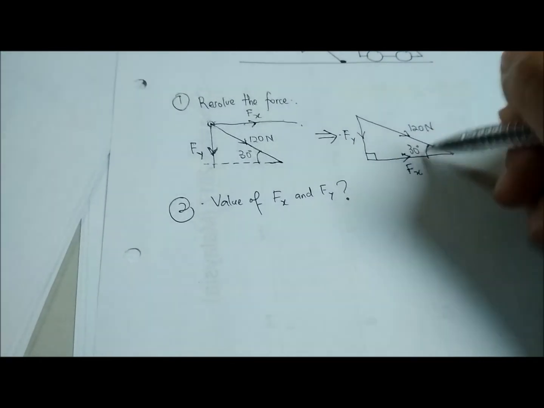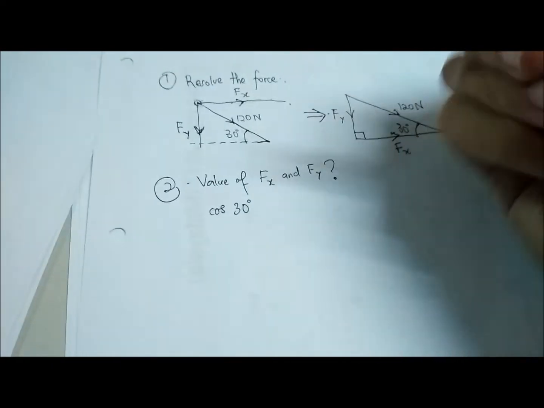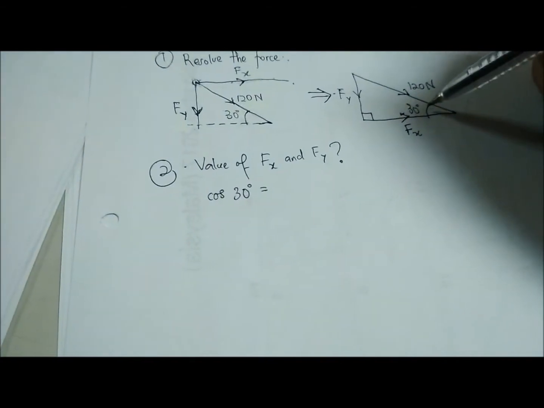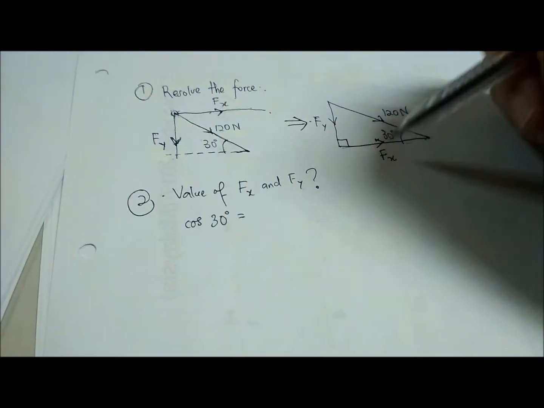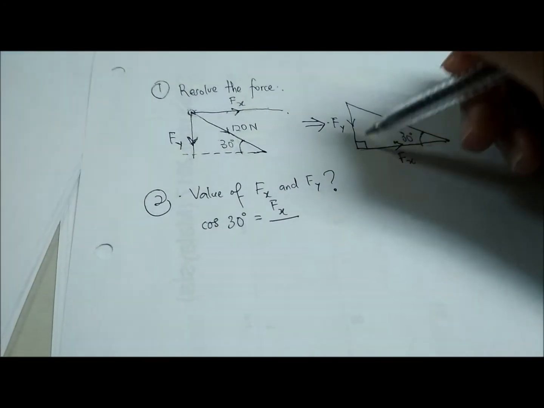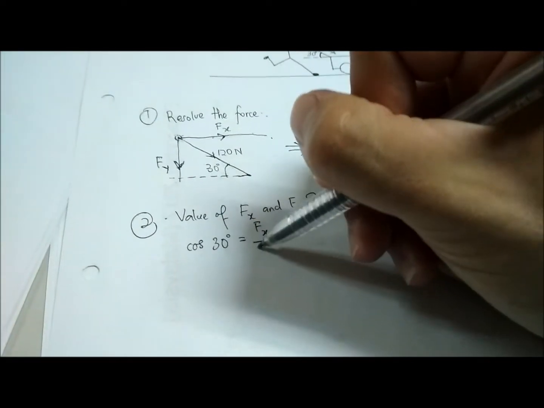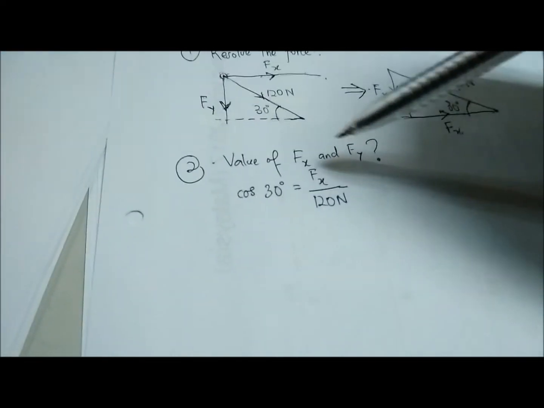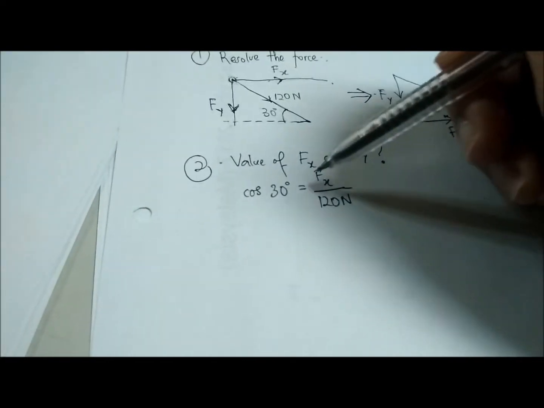Theta in this case is 30 degrees. So cos 30 degrees is adjacent over hypotenuse. The adjacent side is Fx, over the hypotenuse, which is opposite the right angle, in this case 120 Newton. Now all that is left is to rearrange this equation so that we can find the value of Fx.